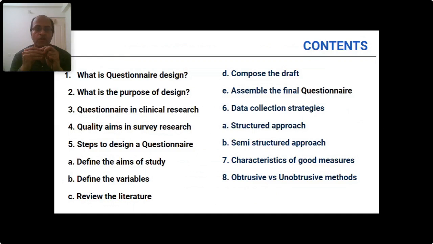Then, after designing the questionnaire, we talk about how you collect the data. There are different approaches: structured, semi-structured, and unstructured. If the questionnaire is useful for measuring outcomes, what are the characteristics of good measures? What are the obtrusive and unobtrusive methods which are used?